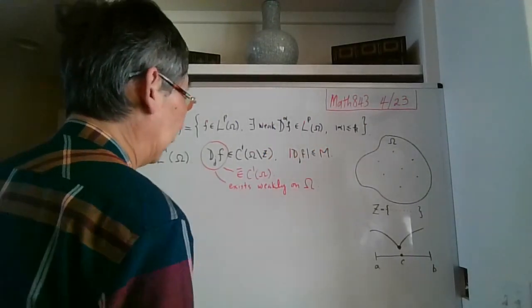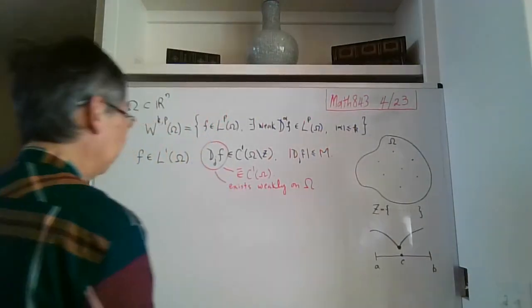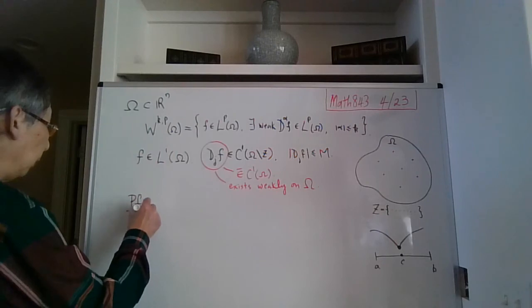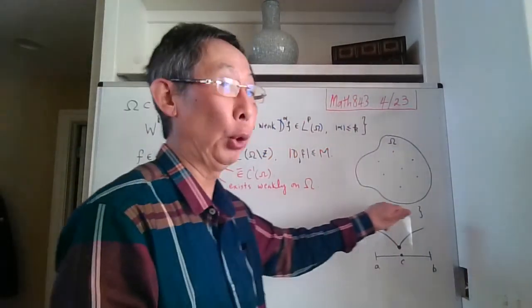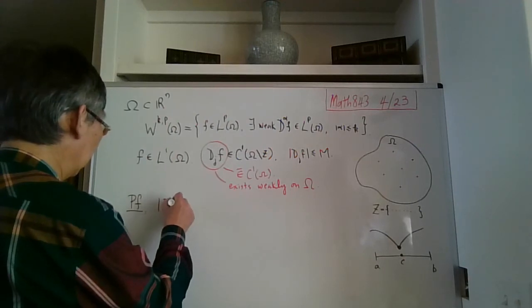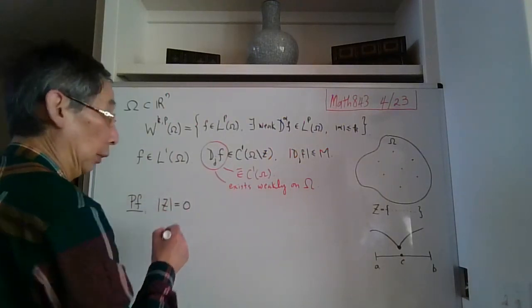First, let's pay attention to the set Z. Z consists of only 7 points, so obviously the measure of Z equals 0. There's no problem.